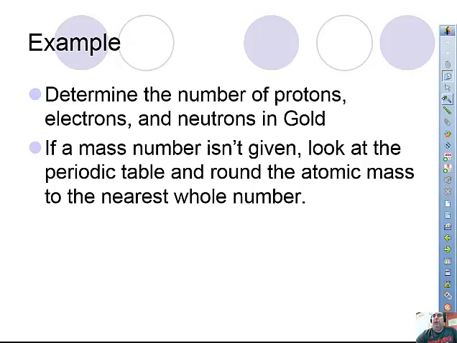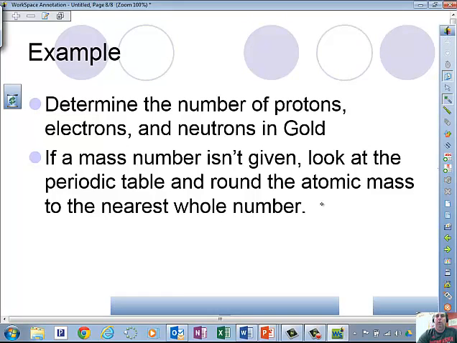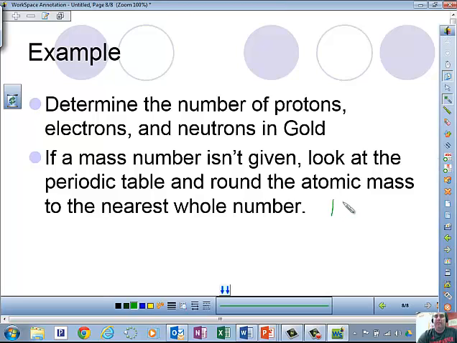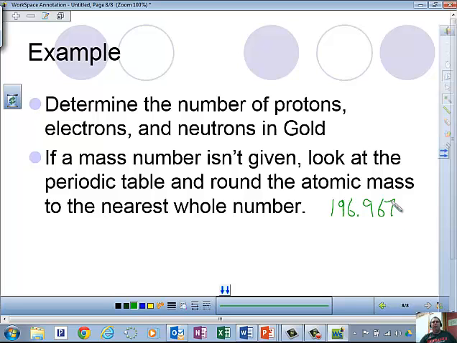When I look up gold, I find out that it has an atomic mass, that decimal number, of 196.967. So if a mass number is not given to you, go to the periodic table, look at that atomic mass, round it to the nearest whole number.